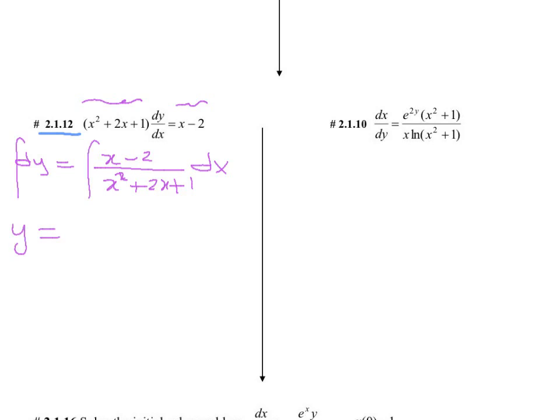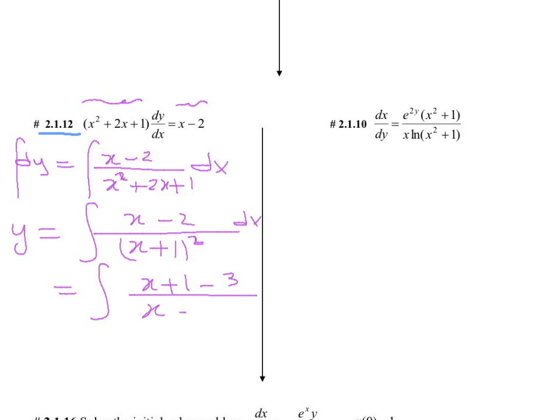Left side is y. Right side has to be done by partial fractions, which means you have to factorize the denominator. But after factorizing the denominator, because you have a repeated factor, you can add 1 and subtract 1 in the numerator, and it can be done really without partial fractions also, or with partial fractions if you prefer.